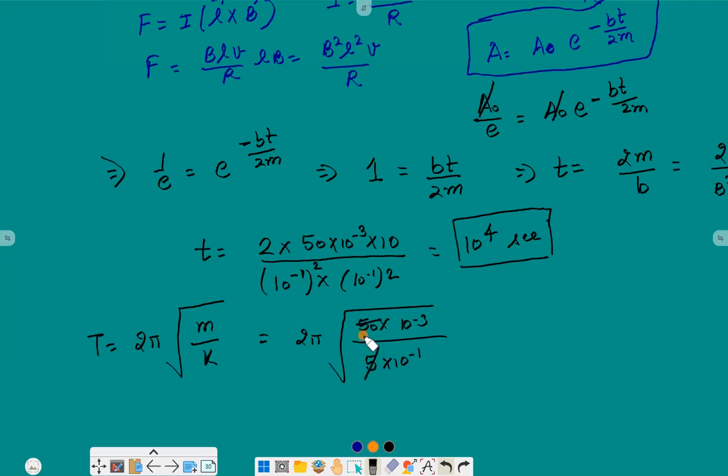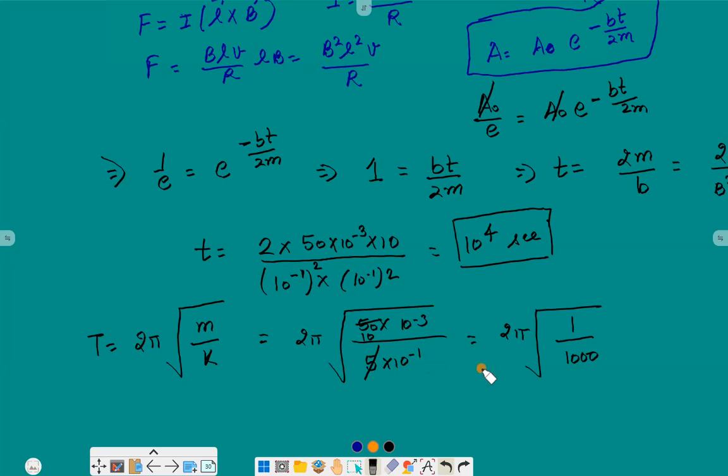So this will be 10 raised to power minus 2, and we can say 10 raised to power minus 2, 10 raised to power minus 3.